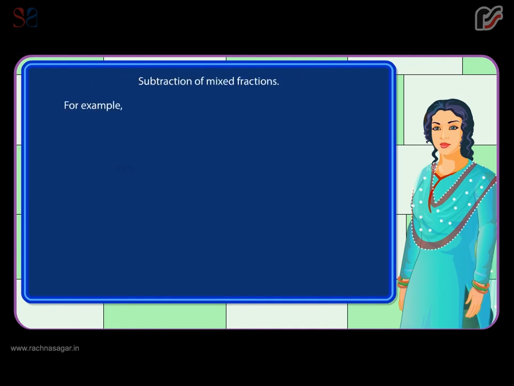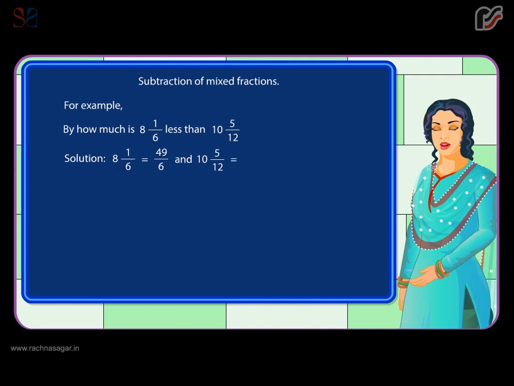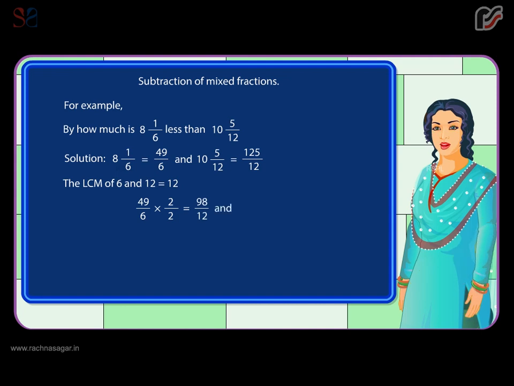Subtraction of mixed fractions. For example, by how much is 8, 1 by 6 less than 10, 5 by 12? Solution: 8 1 by 6 is equal to 49 by 6 and 10, 5 by 12 is equal to 125 by 12. The LCM of 6 and 12 is equal to 12. 49 by 6 into 2 by 2 is equal to 98 by 12 and 125 by 12.